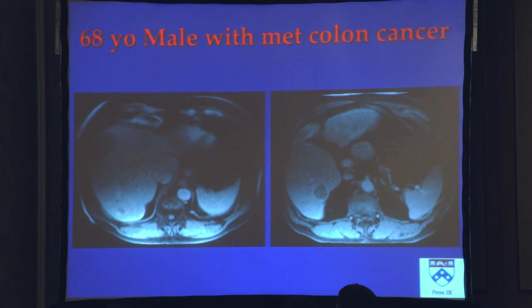This is an example of a 68-year-old male with metastatic colon cancer. Now, one of the things that I describe to my patients, when you're looking at the tumors, sometimes it can be very confusing. If you happen to see your CAT scan or your MRI, it could be confusing as to what exactly you are looking at.